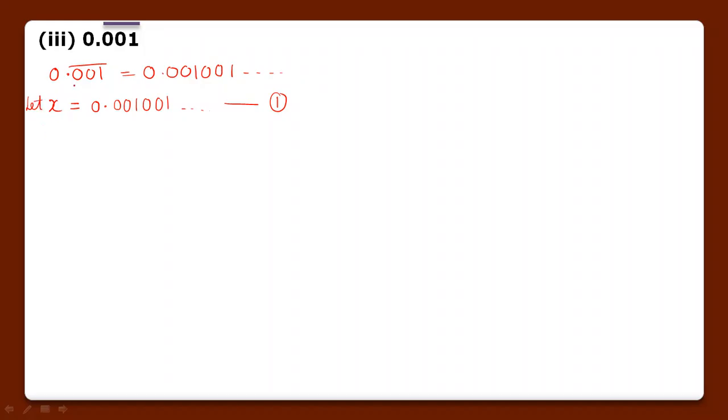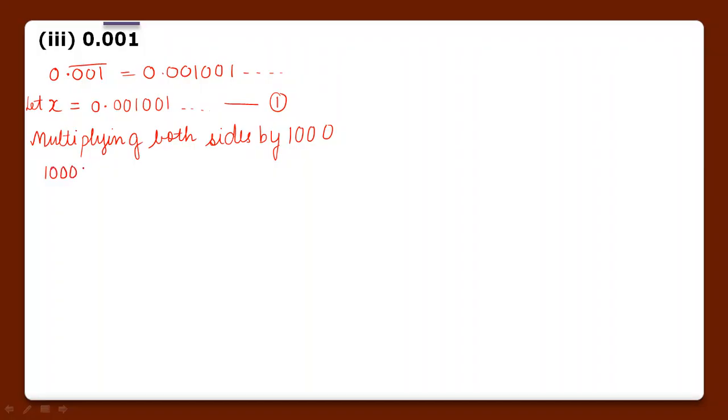Then अब बार 3 नंबर्स पे है, सो हम किससे मल्टीप्लाई करेंगे? बाय 1000. अगर 2 नंबर पे होता तो 100 से, और 1 नंबर का हम केस कर ही चुके हैं. मल्टीप्लाइंग बोथ साइड्स बाय 1000.